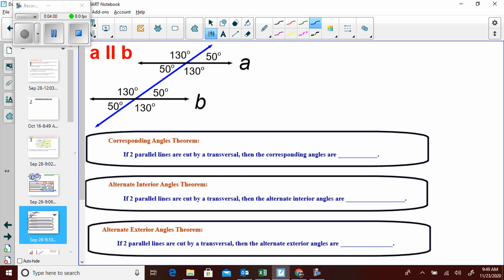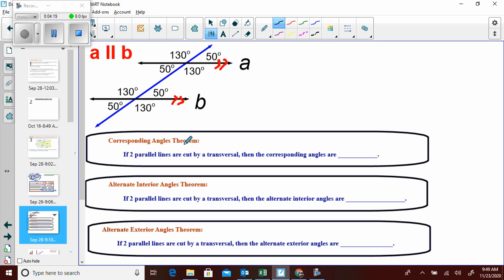So let's look. Okay. I have two parallel lines. A is parallel to B. To show parallel, you can draw a double arrow to show that those lines are parallel. All right. Now, there's something special about them.